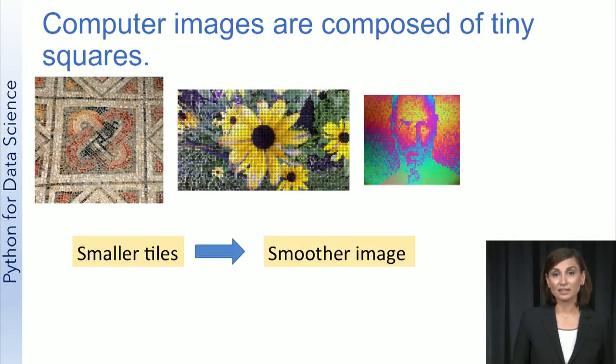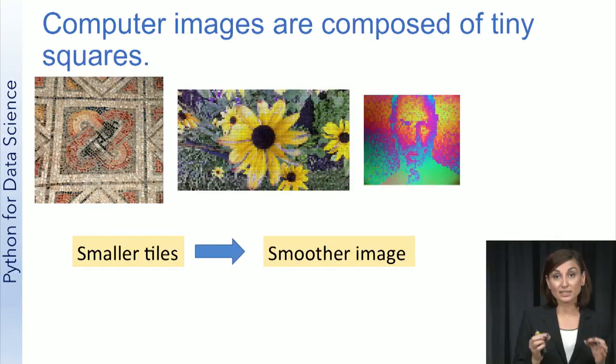Simply speaking, we can say computers store images as a mosaic of tiny squares. This is like the ancient art form of tile mosaics, or the melting bead kits kids play with today. If these square tiles are too big, it's hard to make smooth edges and curves.